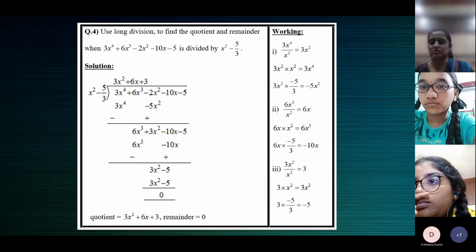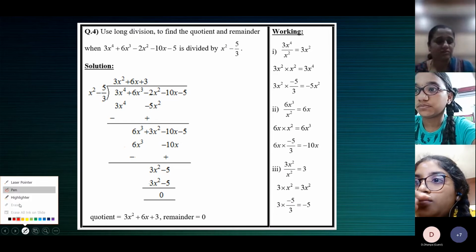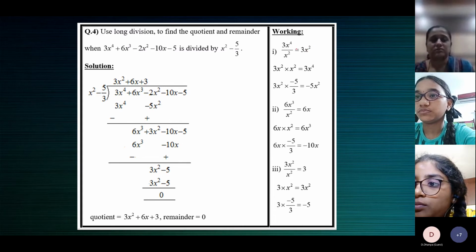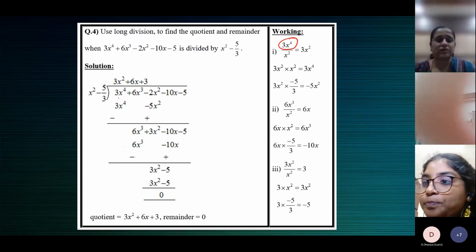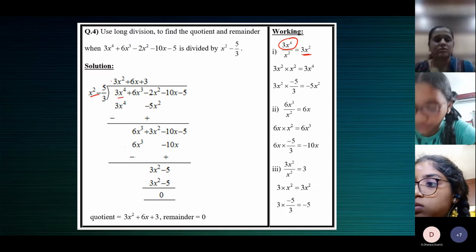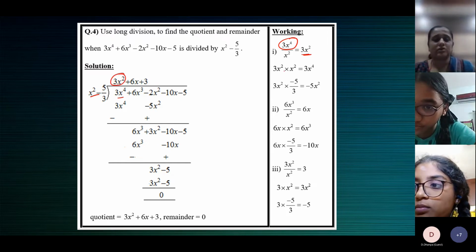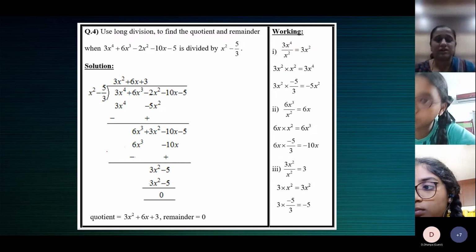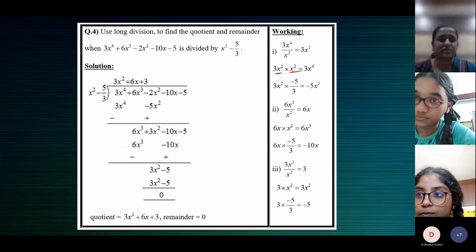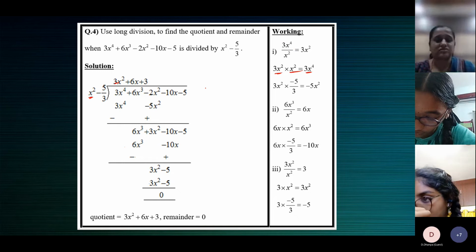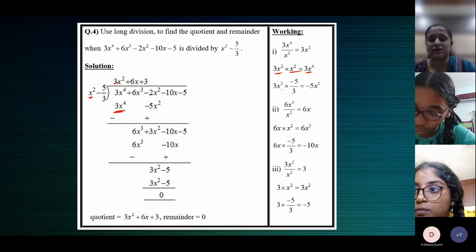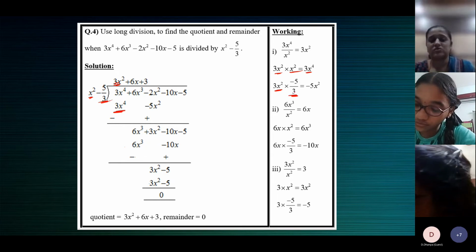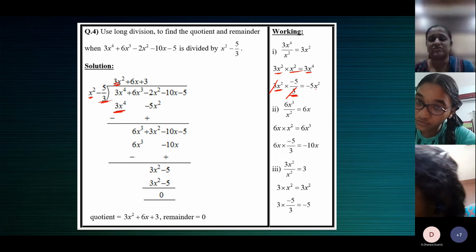Long division, and I've shown the steps here. You can see the working. 3x to the power of 3 divided by x square gives you the first term. Put the first term here, and then multiply 3x square by x square. That's the first term. Then multiply 3x square by minus 5 by 3. The 3 and 3 get cancelled, giving minus 5x square.